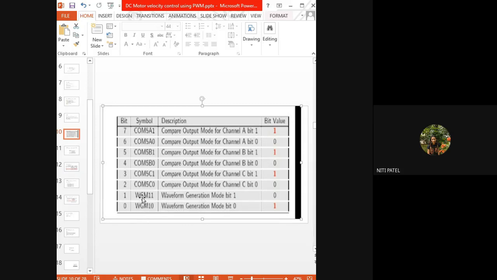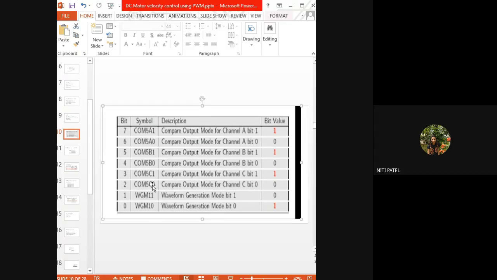Okay, waveform generation 1, waveform generation 0. Now what is this COM5A1, COM5A0, B1, B0, C1, C0? These are compare output mode channels. So we have three channels, channel A, channel B, channel C.